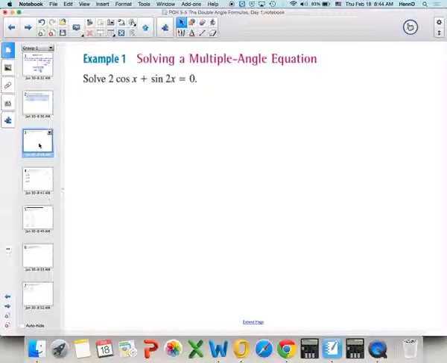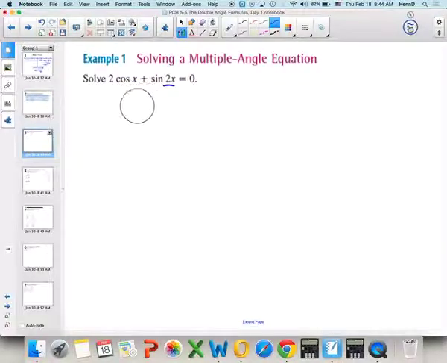Every other equation we've solved so far, all the trig functions were trig functions of the same angle, okay? This is where these formulas come in handy, the double angle formula, the half angle formulas, the sum and difference formulas, because we're able to rewrite things a little bit.